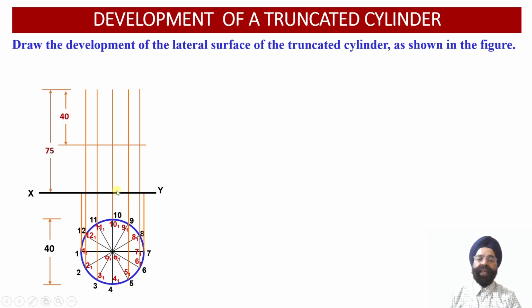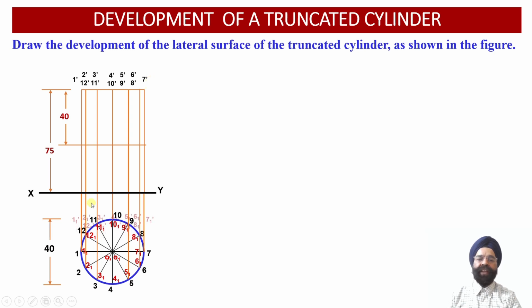Now we know that the height of the cylinder happens to be 75 millimeter. So using the projections from the 12 points of the top face and the 12 points of the bottom face, we can obtain the front view projections corresponding to this untruncated cylinder. The 12 points corresponding to the top face have been appropriately marked in the front view.